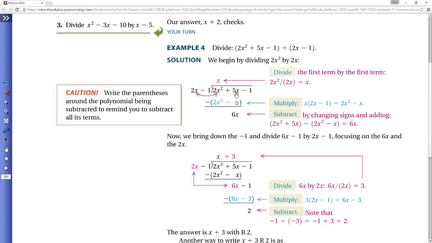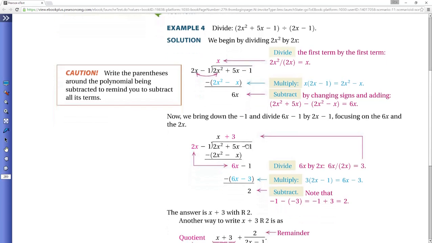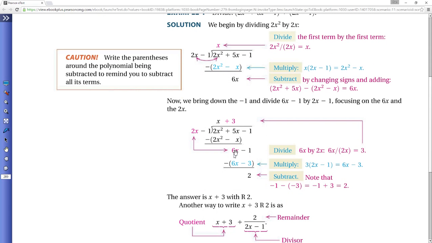Then I subtract: 5x minus negative x, which is 5x plus x, is 6x. I drop down the next term, so I have this new dividend really. I'm going to divide 2x minus 1 into 6x minus 1. So I check the first terms against each other, and 2x will go into 6x 3 times.